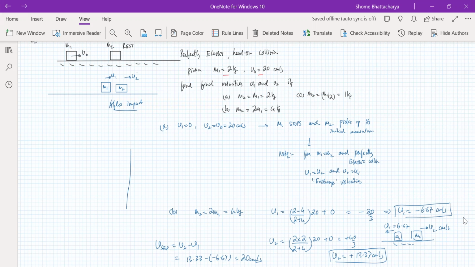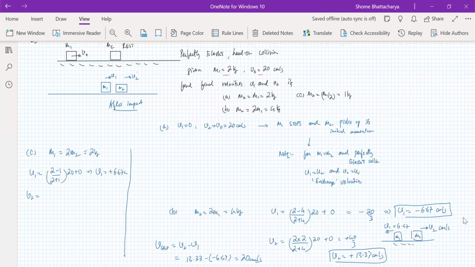As in the third case, M1 is actually twice of M2. So V1 will be (2 minus 1) upon (2 plus 1), so V1 will be plus 20 by 3.